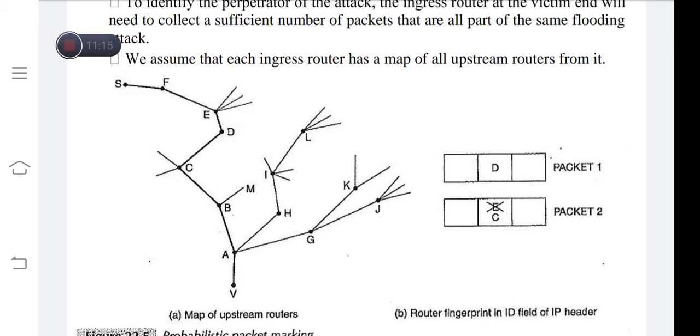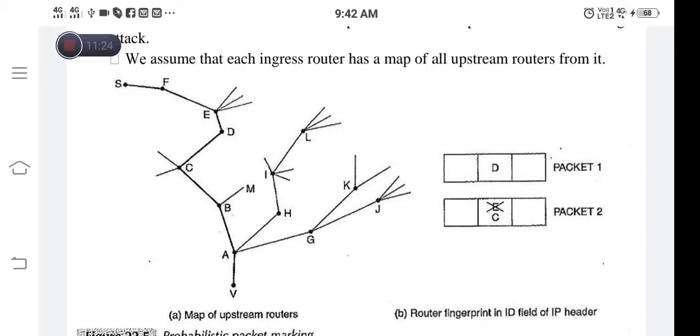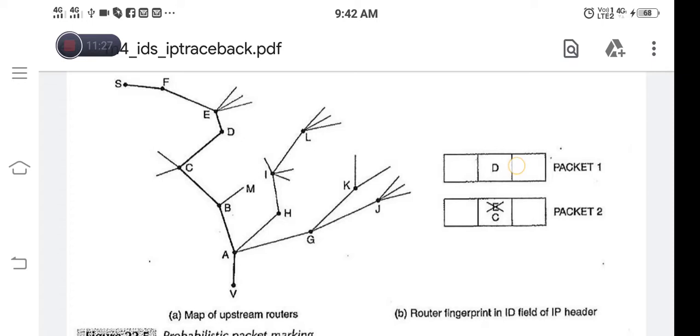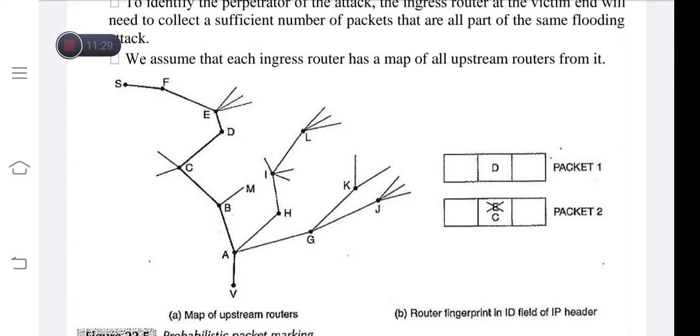The downstream routers of router D are what? In figure A we are seeing the downstream routers of D are C, B and A. But here it is not overwritten by any of these routers.